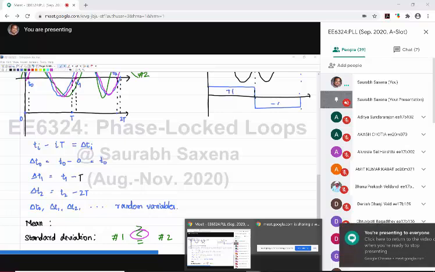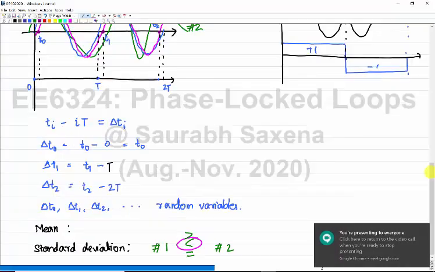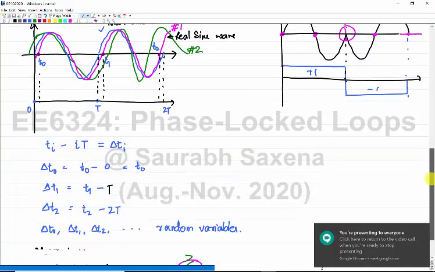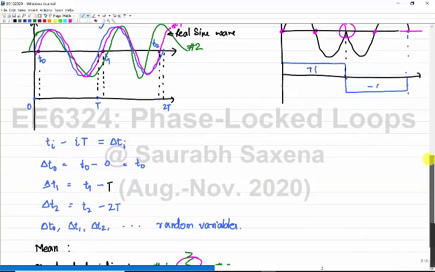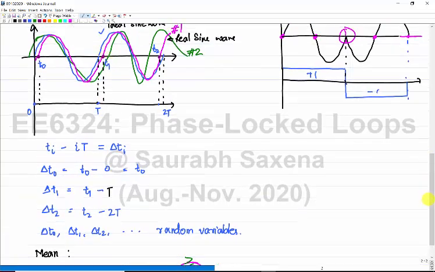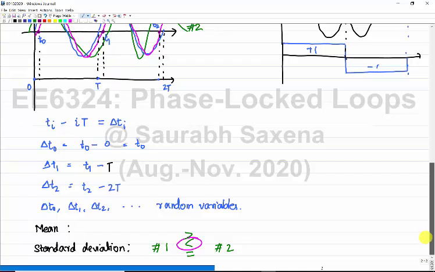Okay. So now if you think about it, we can measure how good the real clock is by measuring the mean, standard deviation, max and min, because once it is a random variable you will also have some maximum and minimum value depending on how many samples you choose.